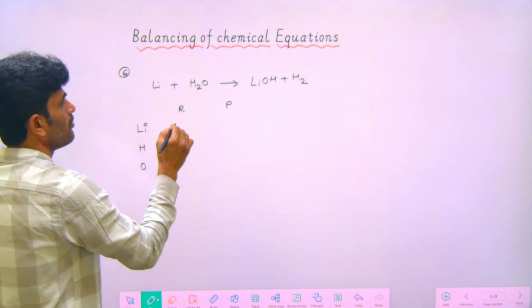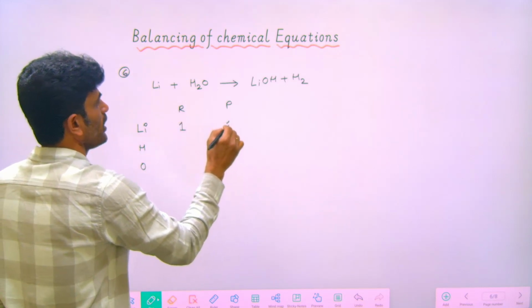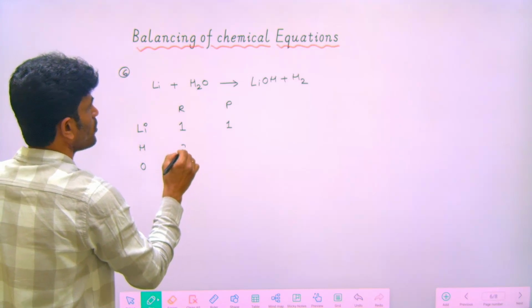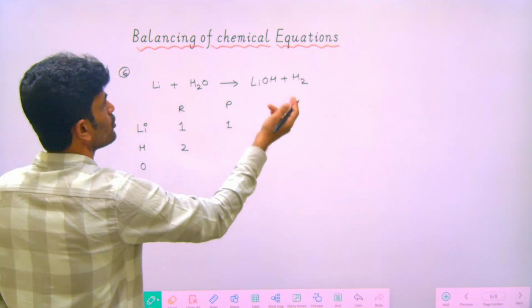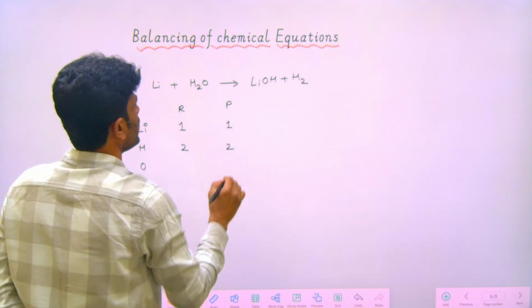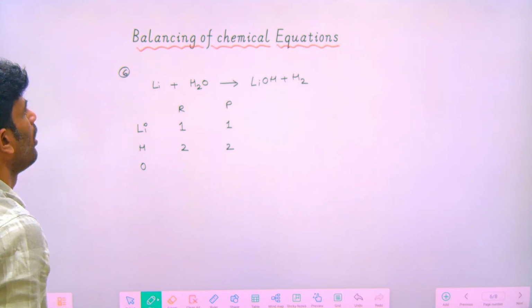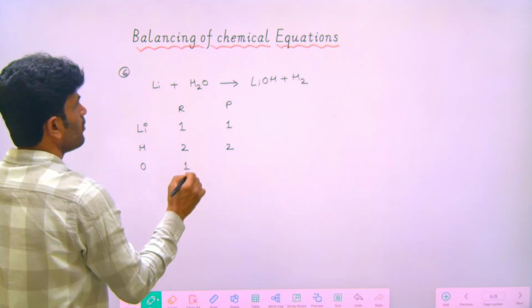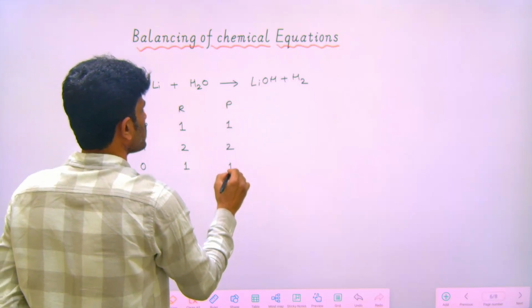Reactant side we have one lithium, product side also one lithium. Reactant side we have two hydrogens, product side also two hydrogens. Reactant side we have one oxygen, product side also one oxygen only.